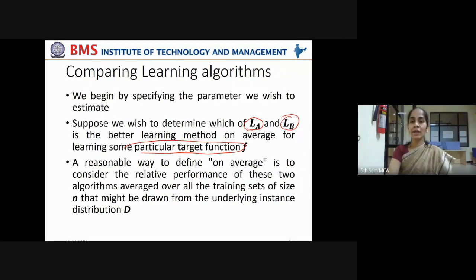Now, a reasonable way to define on average, underline this word, on average, is to consider the relative performance of these two algorithms averaged over all the training sets of size n that might be drawn from the underlying instance distribution D. Most of the time, did you observe in this machine learning course, I'm giving long points because every word in the sentence has lots of meaning.